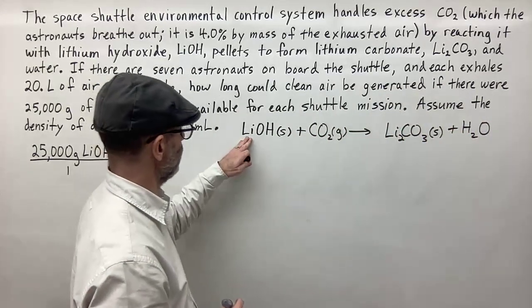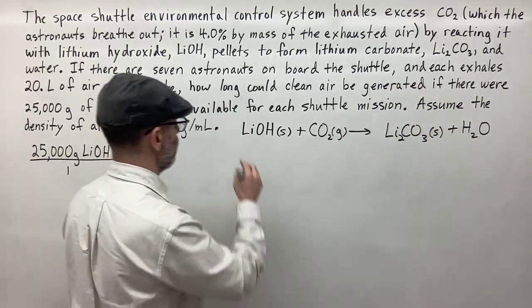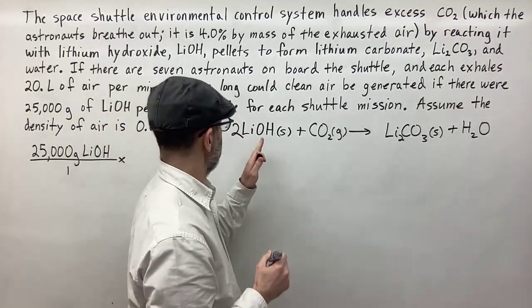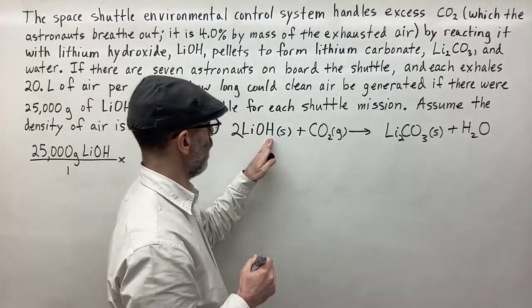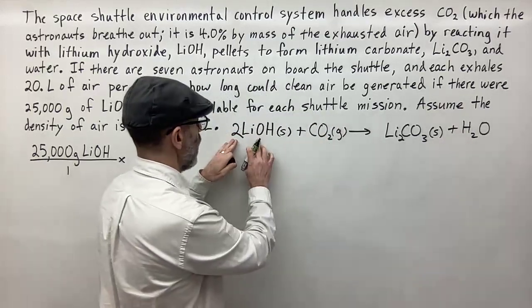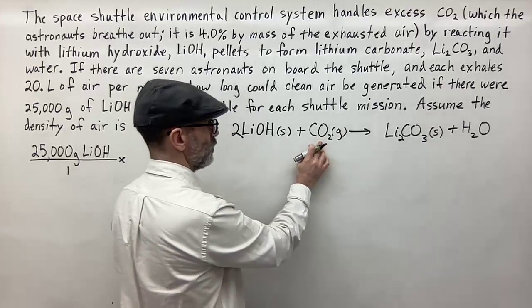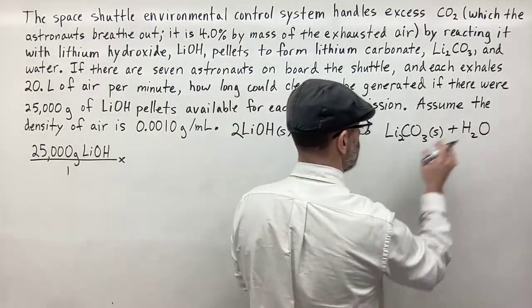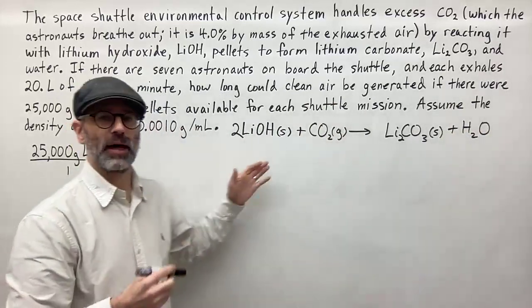Here I have 1 lithium. I have 2 lithium, so I'm going to have to put a 2 here. Here I have 2 hydrogen, and then I have 2 oxygen here, 2 oxygen there, so that's 4 on this side. I have 3 oxygen plus 1 oxygen, that's 4. So now I have a balanced equation.